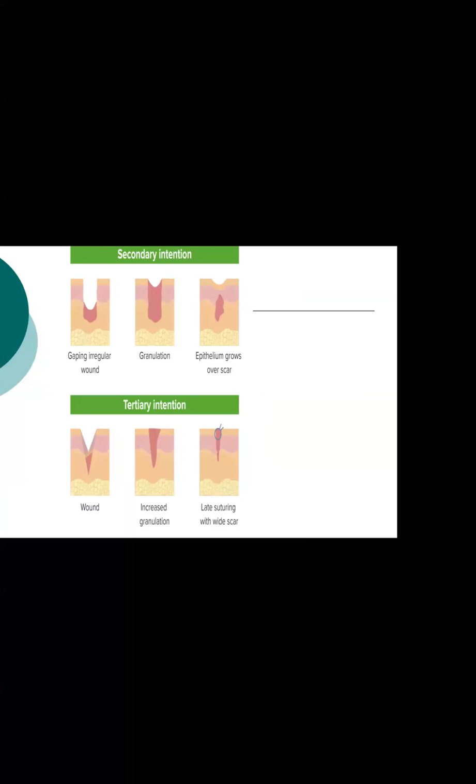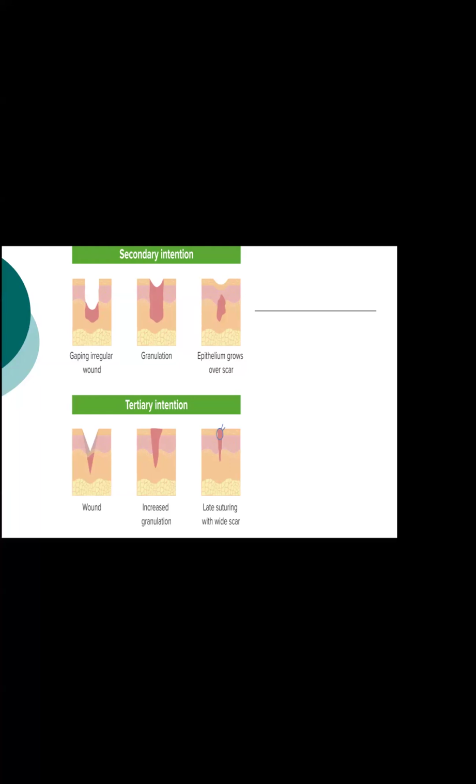Now you can see secondary intention. The irregular gaping is there. There's granulation formation, epithelium grows over the scar, and over time it heals. Tertiary or delayed primary intention is a big wound with increased granulation and late suturing with a wide scar, which takes longer. So which are the three types?